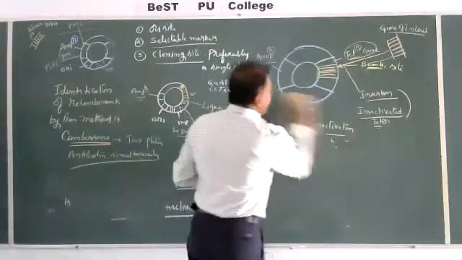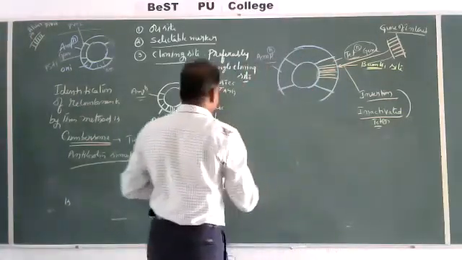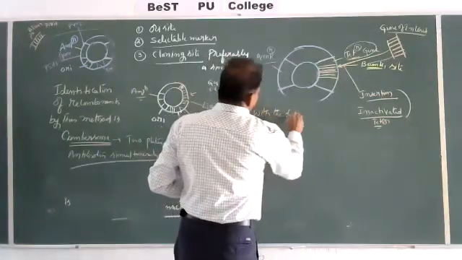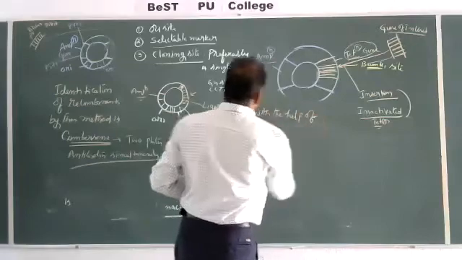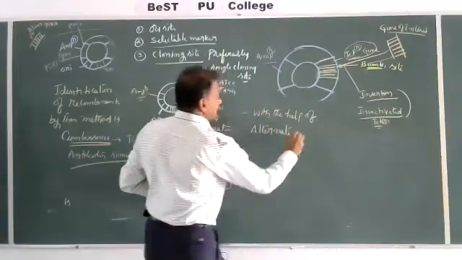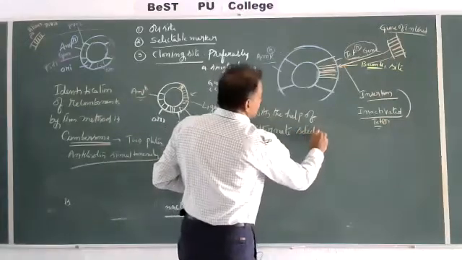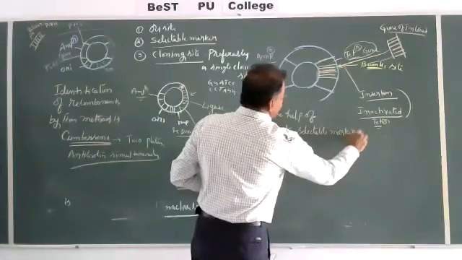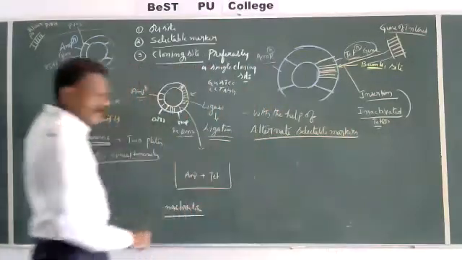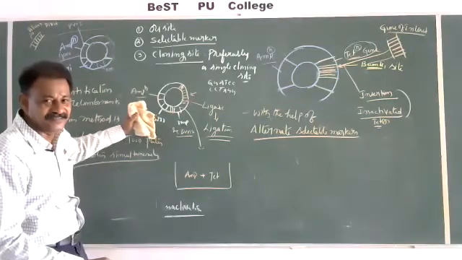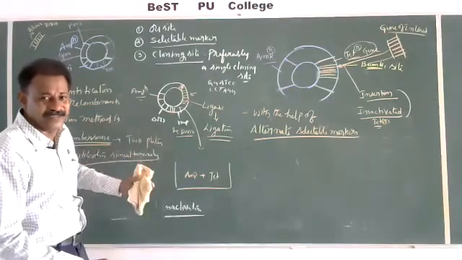Alternate selectable markers. With the help of an alternate selectable marker, there is an alternate process of selection of recombinants from the group of bacteria.